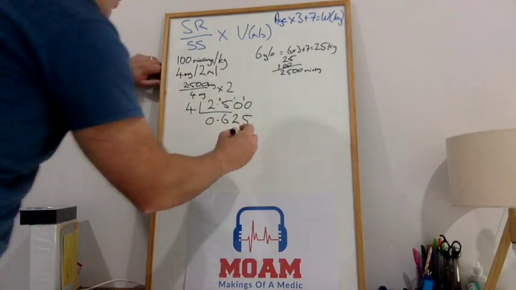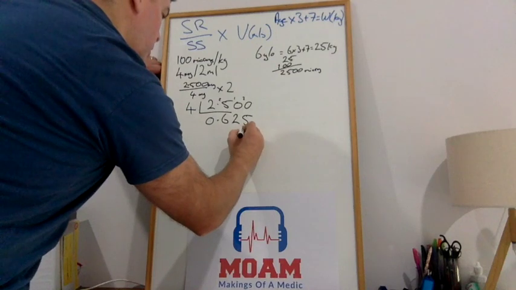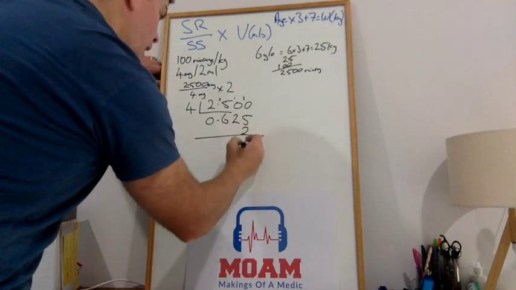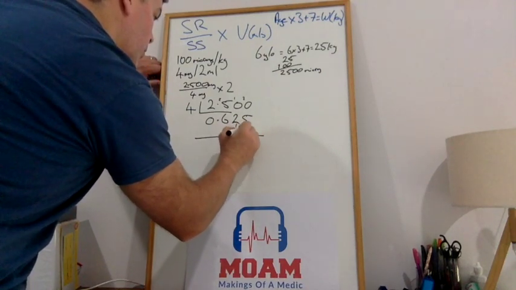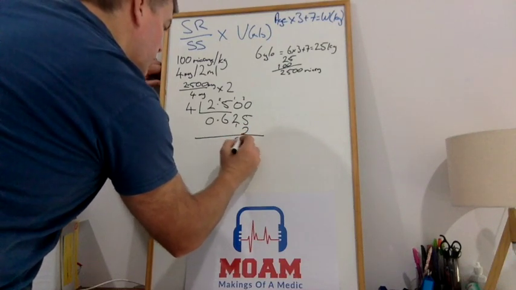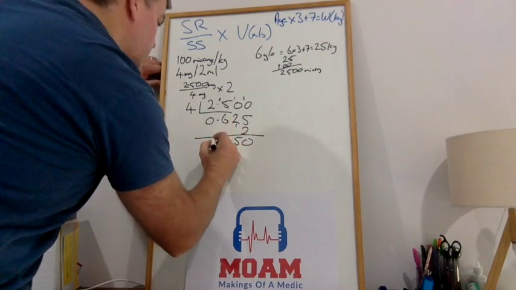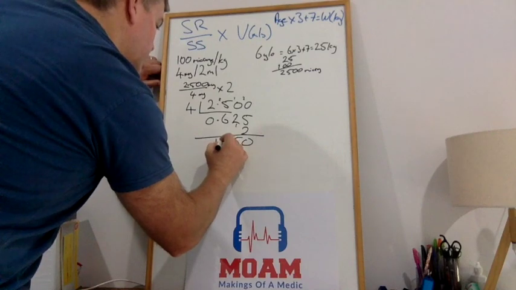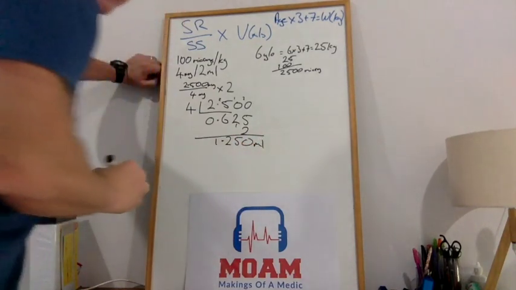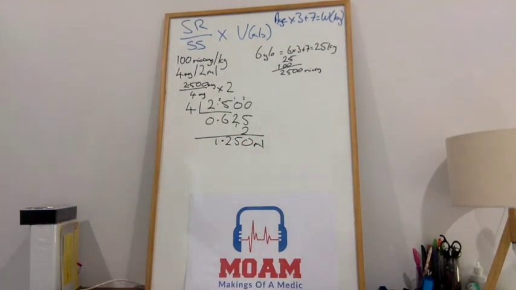So 0.625, and don't forget we have to times that by 2. 2 times 5 is 10, carry the 1, 2 twos is 4, plus 1 is 5, 2 times 6 is 12. Put the decimal place down there, and that's how much we have to give this patient: 1.25 mils.